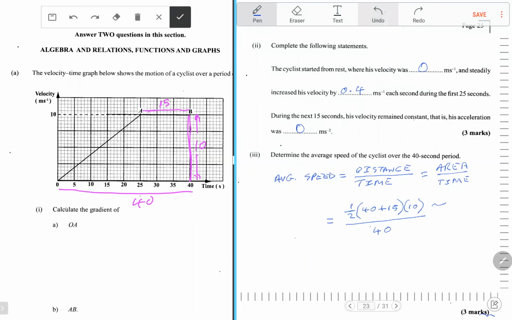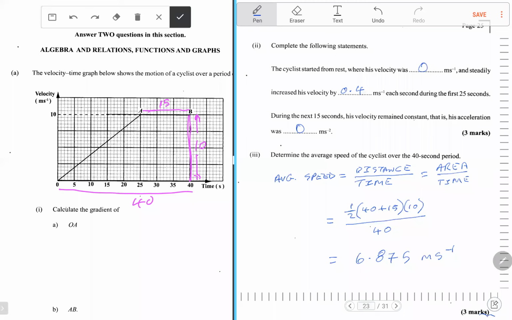When you put that in the calculator, you're going to get a final answer of 6.875 meters per second, because speed is in meters per second.